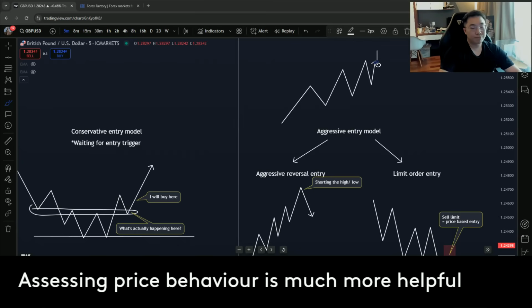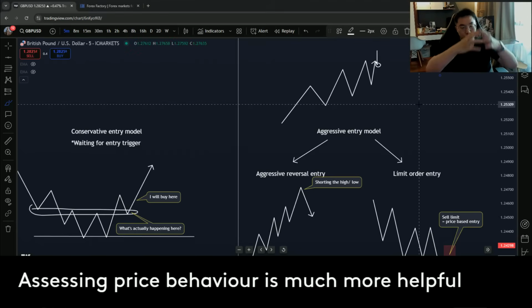So here comes an important lesson for you all, which is that assessing price behavior is much more helpful. What I personally like to do is to have a trading system combining both limit order entry, which I'll talk about later, and a price behavior based entry. Price behavior simply means I won't be entering just based on one candle.